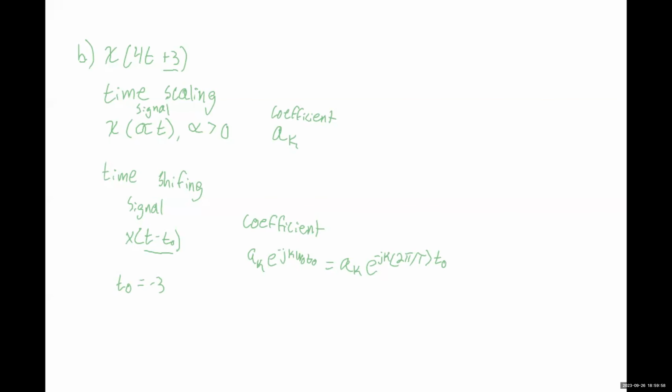And then, sorry, I'm lost myself now. We can use our big T value we defined earlier as our period. And that was equal to 4.